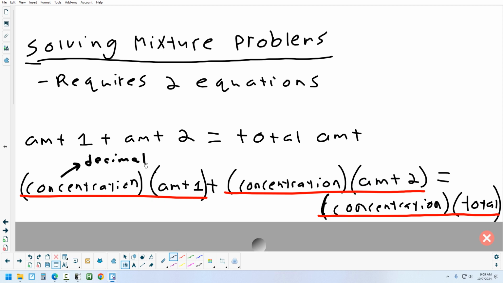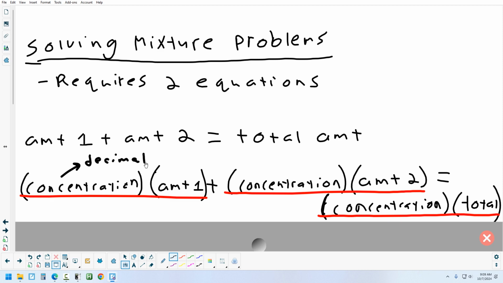The concentration will always be a decimal. For example, 70%, you'd have to convert that to a decimal. So 70%, what would that be as a decimal? 0.7, yeah.